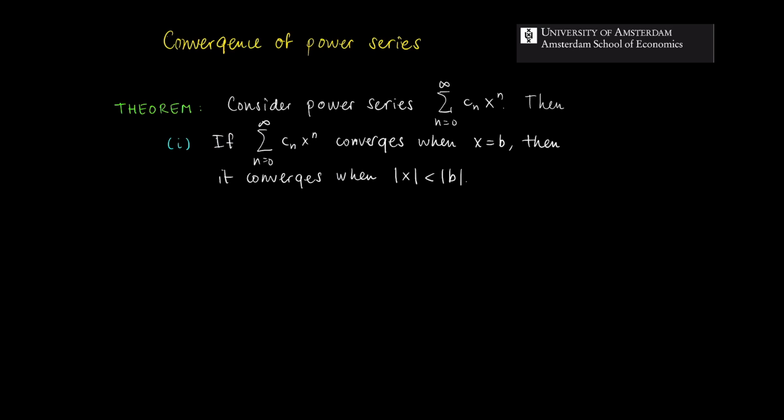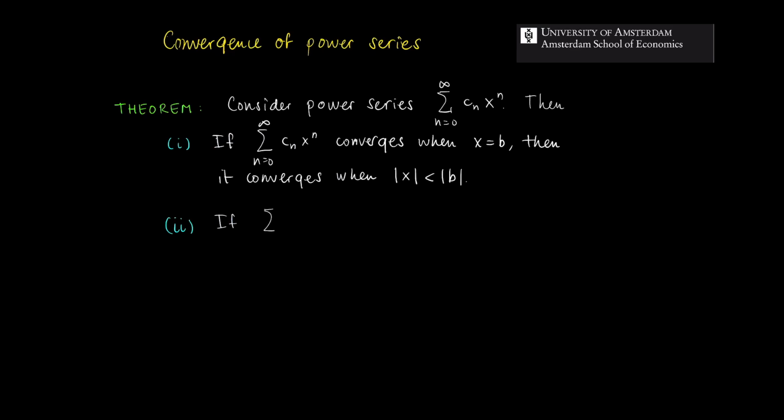Suppose you can show that the power series converges for x equal 2, then you also know that your power series will converge for x equal to minus 1, since the absolute value of minus 1 is smaller than 2. Well, the second part deals with divergence.